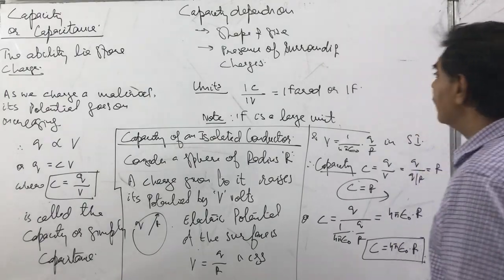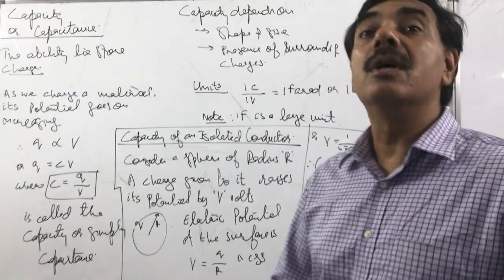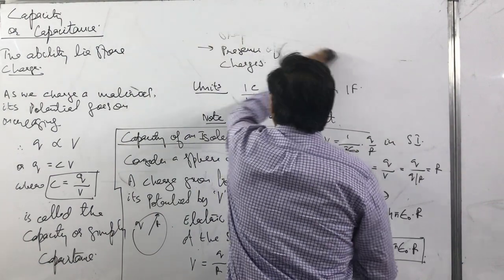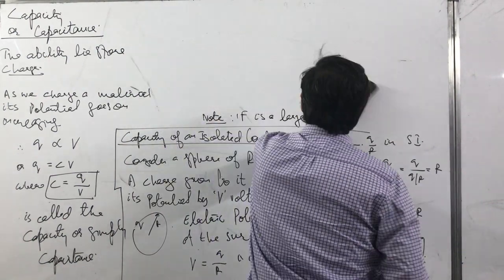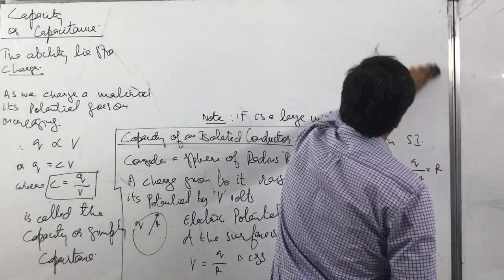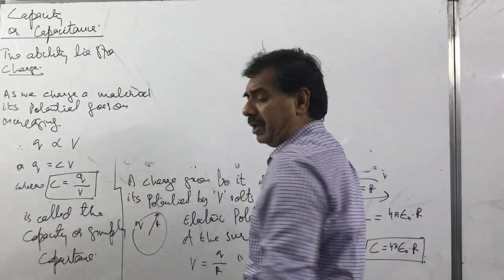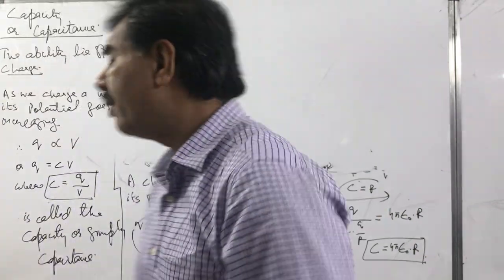Okay, let us determine the capacity of the earth. The earth is a sphere of radius 6,400 kilometers.